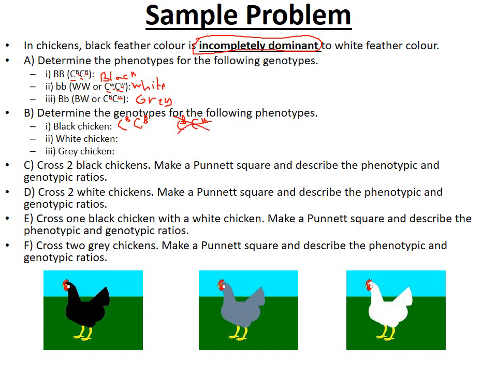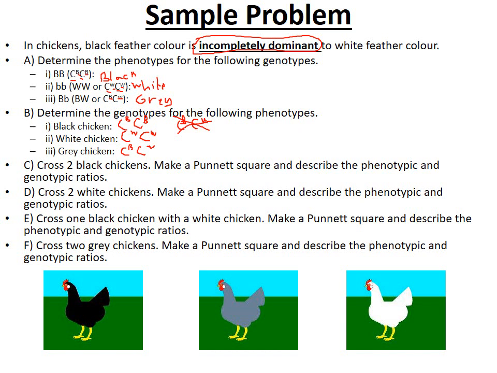So that would actually not be a black chicken. That would, in fact, be a gray chicken, CB CW. And the only way to have a white chicken is to have the homozygous with the white alleles for feather color.